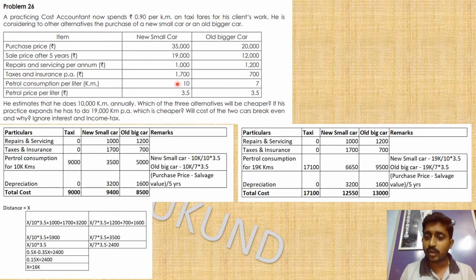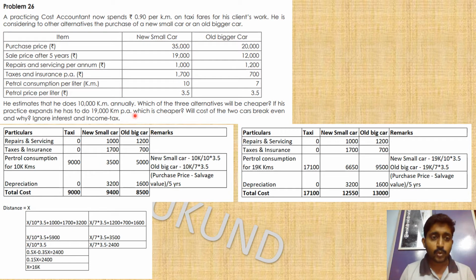So for 10,000 kilometers, 1 liter can go for 10 kilometers, which means you need 1,000 liters of petrol, multiplied by 3.5 rupees per liter. So 1,000 into 3.5 becomes 3,500.